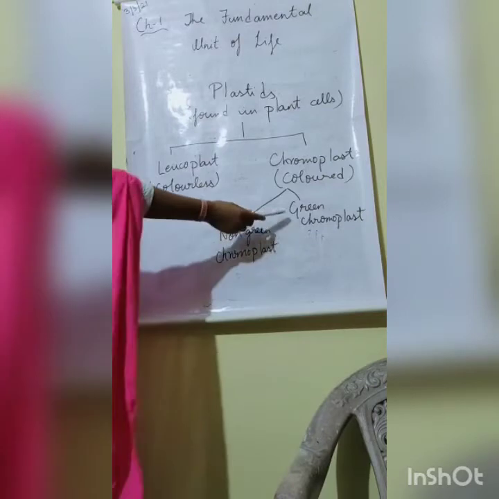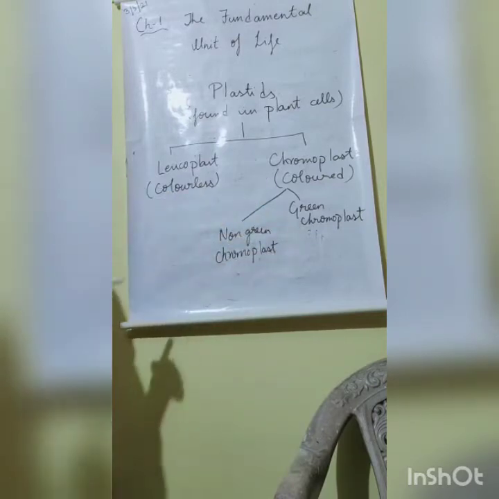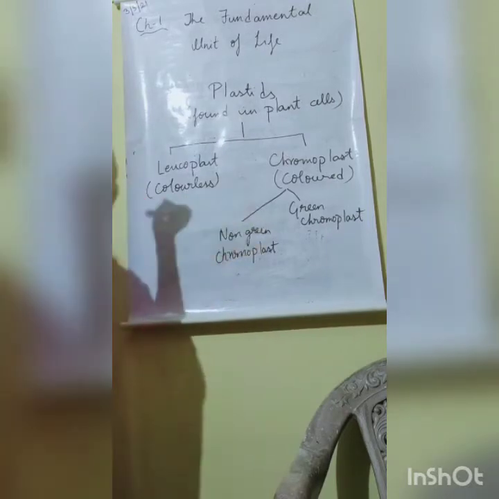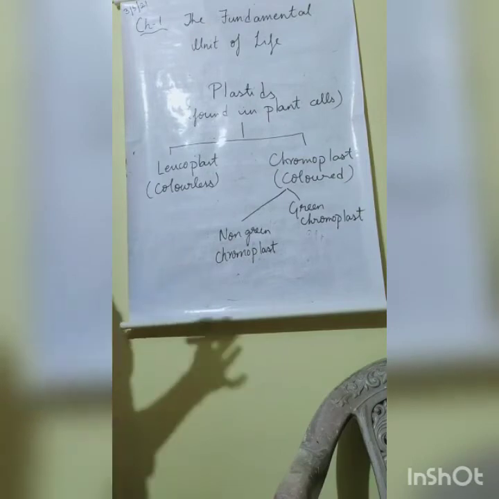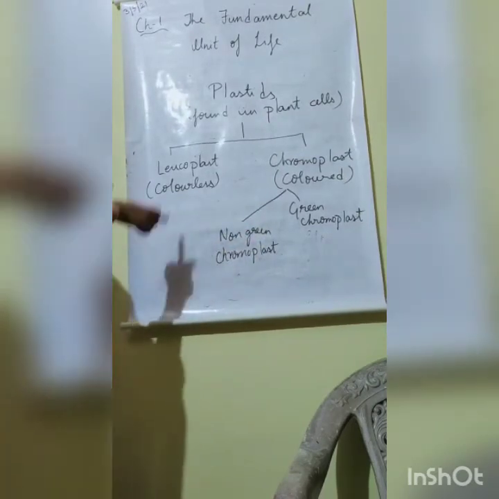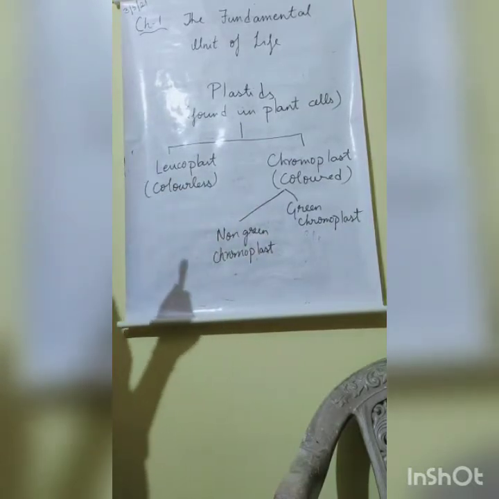Now coming to green chromoplast. Because they absorb sunlight, in green chromoplast a green pigment is present. Like in non-green chromoplast colored pigments were present, but in green chromoplast the green pigment present is known as chlorophyll.